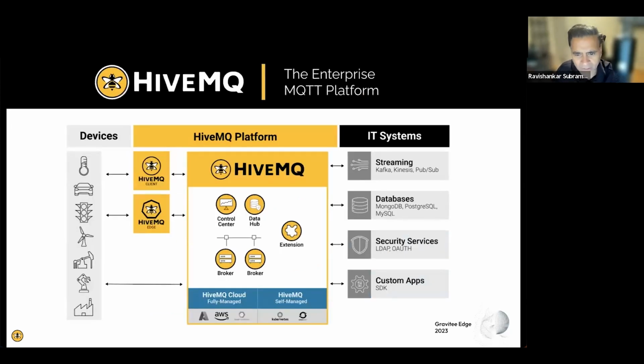Now let's see how HiveMQ does that, right? So HiveMQ is that unified namespace broker. And one of the reasons why HiveMQ is a pretty popular broker is because of the enterprise nature of the HiveMQ broker. Now, what does that mean, right? That means that we can support scalability. We have benchmarked 100 million concurrent connections at the same time. That's the level of scalability we can go. We provide high reliability.